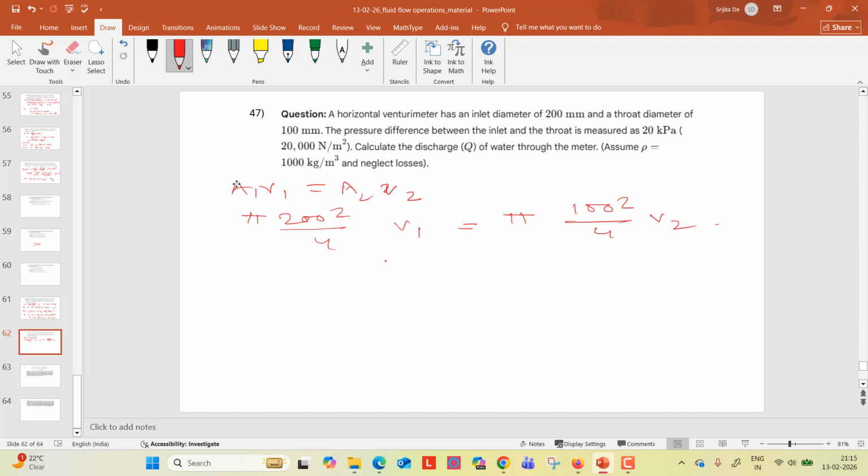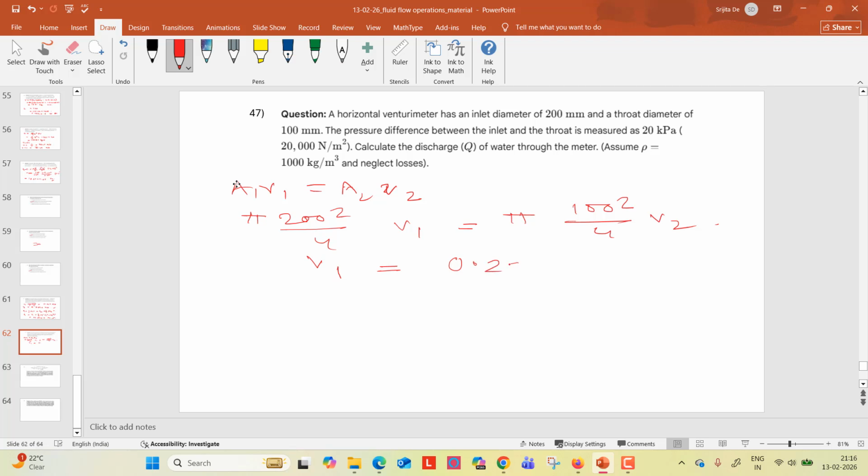So V1 equals 100 square by 200 square, which is 0.25 into V2.